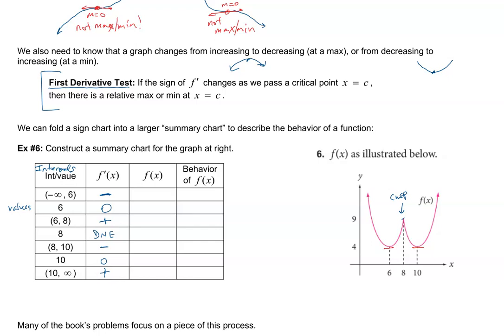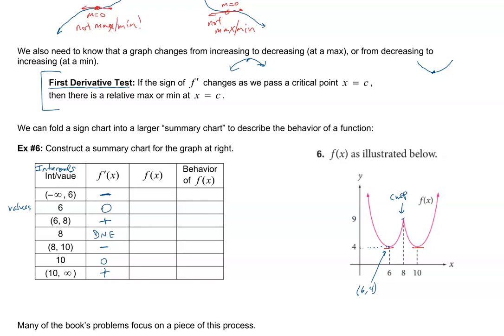Then what we can do is, for f of x, not so much for the intervals, because f of x is always changing. All these y values are different as we move along between those critical values. So we're not going to put anything into our f of x column for the interval parts. But at x equals 6, we actually have a y value given to us. That point right there is the point 6, 4.